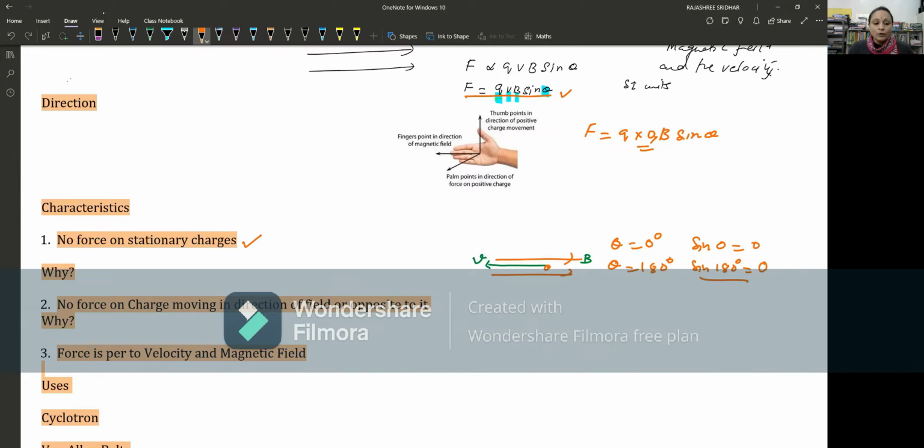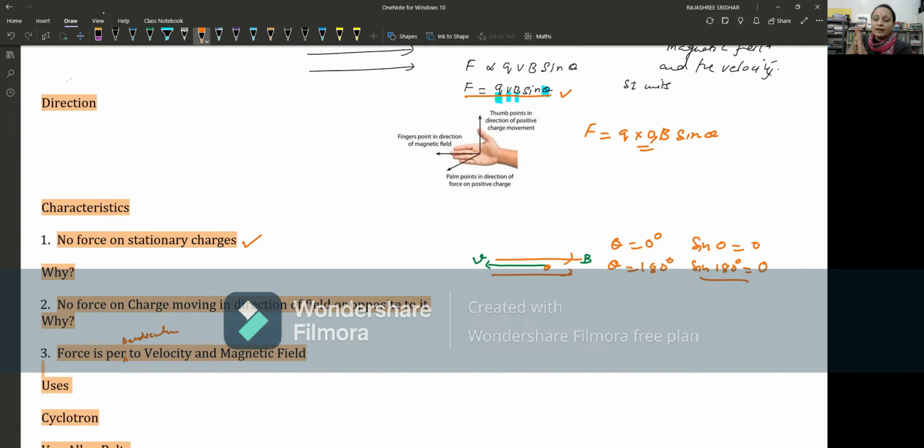Okay, so force is perpendicular to velocity and magnetic field. Whatever the force is, this force is perpendicular to the magnetic field as well as the velocity. What did I say about the rule of the direction? See, the thumb represents the direction of the charge movement, right?